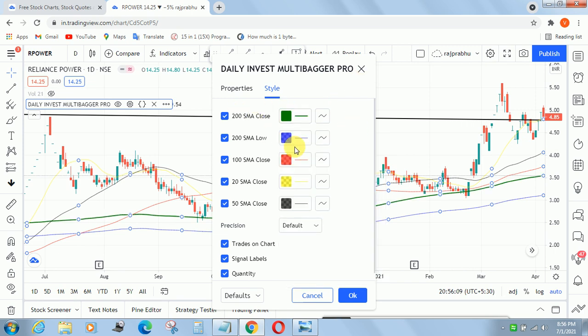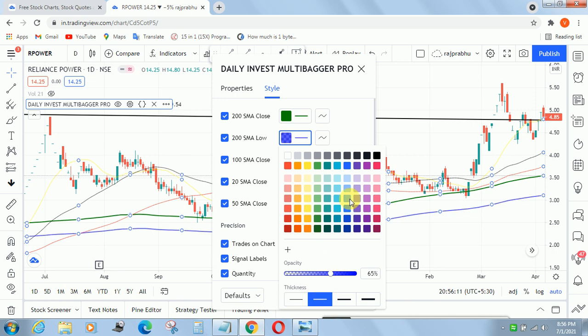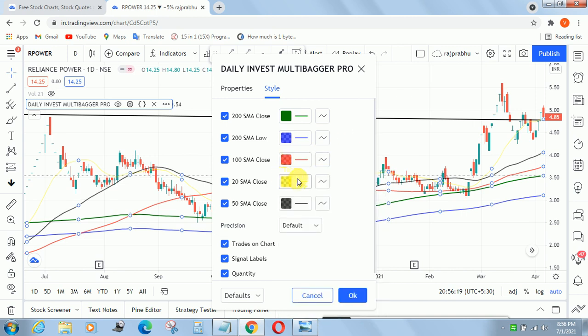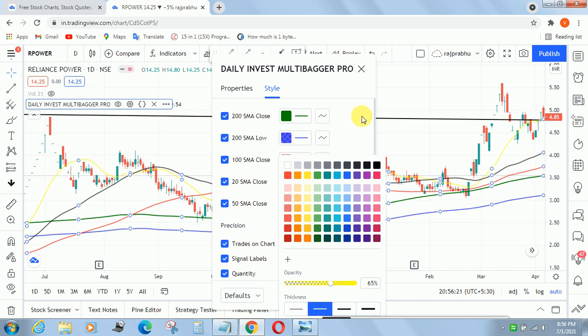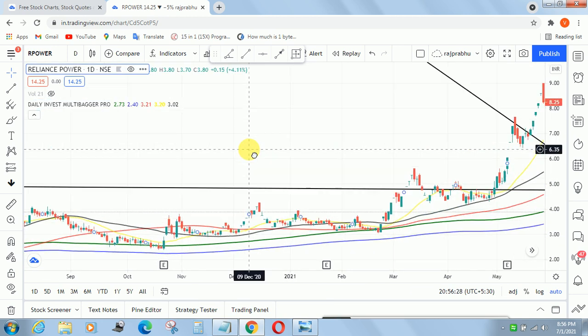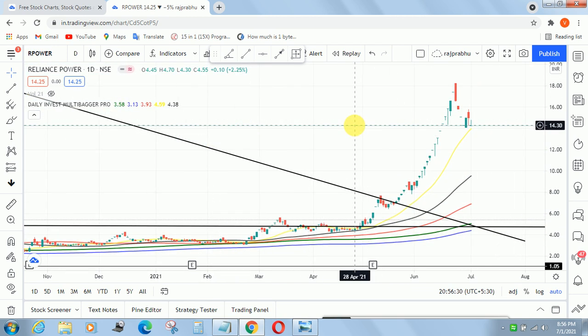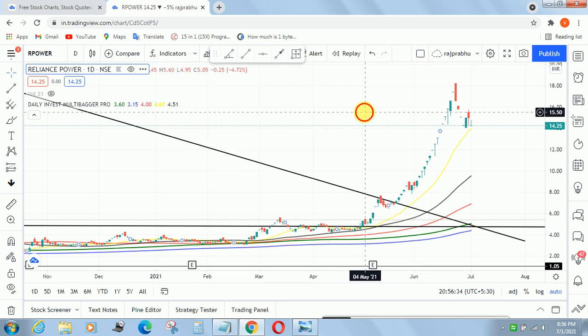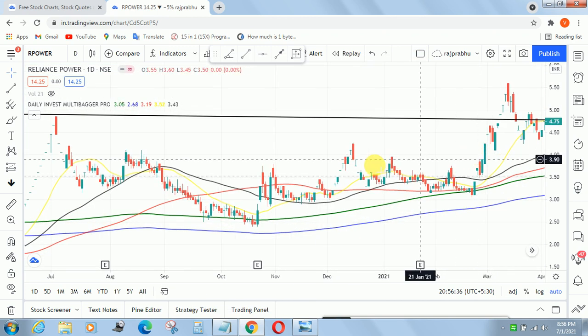See, I am just showing some examples. I am going to increase the breadth of these lines. See, the lines are looking very dark. It may be simple to use.